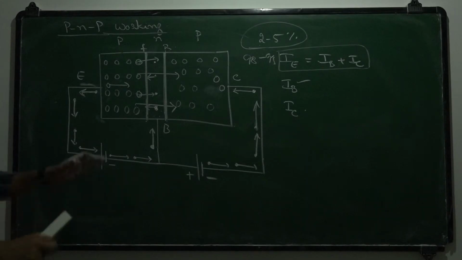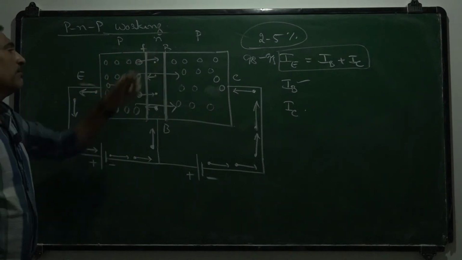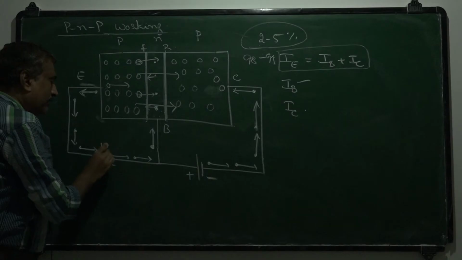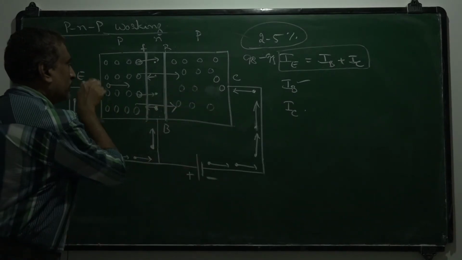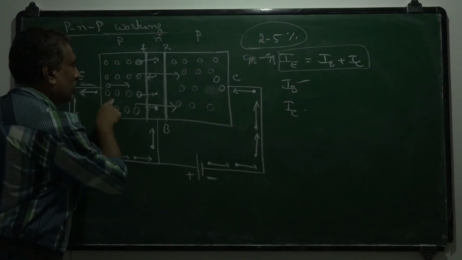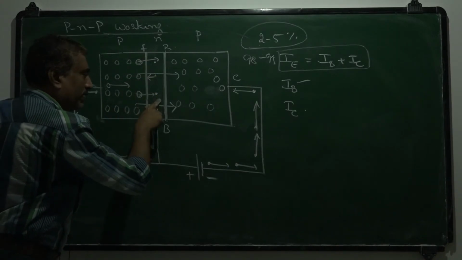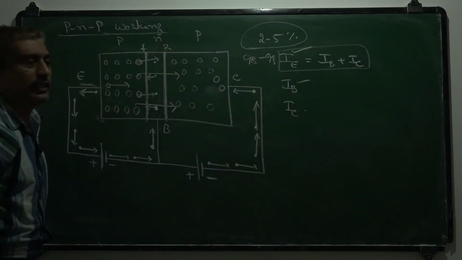Now, once more, we will explain the working. For working, the emitter junction is forward biased and the collector junction is reverse biased. Due to this forward bias, holes move towards the base junction, cross the junction and enter the base region, which constitutes a current called the emitter current IE.